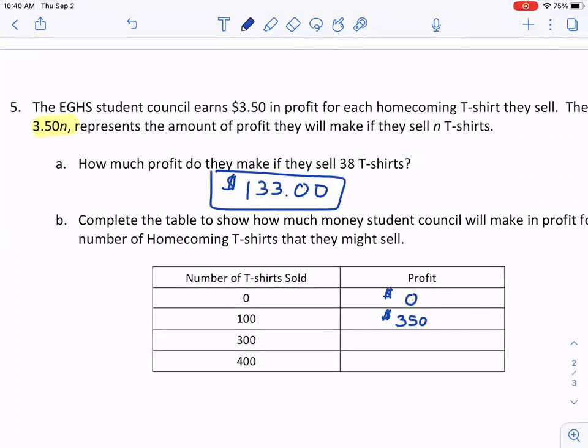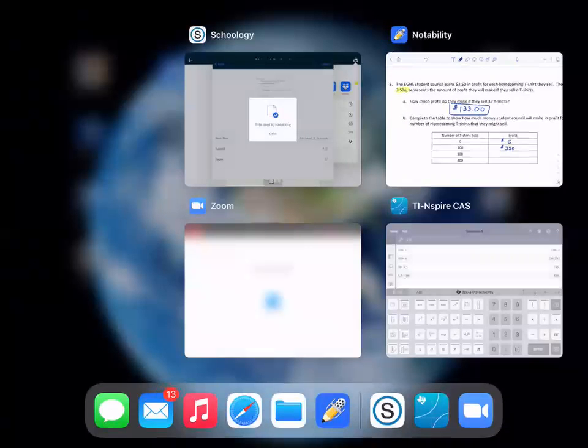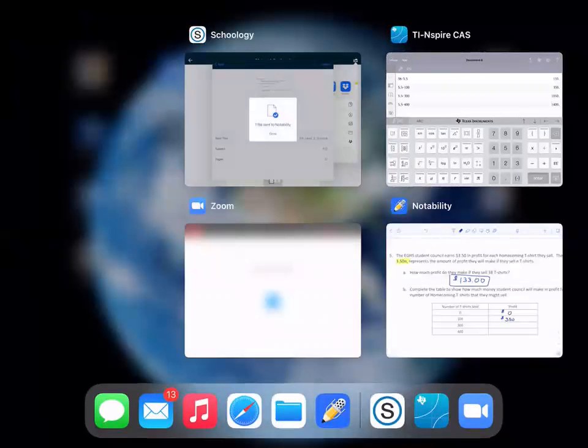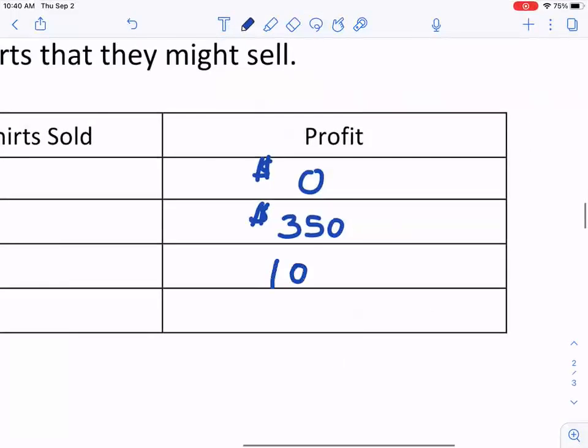So now I'll multiply it by 300 and then by 400. So I'll do 3.5 times 300 and 3.5 times 400. And so my answers are $1,050 and $1,400. Okay, any questions on that, guys?